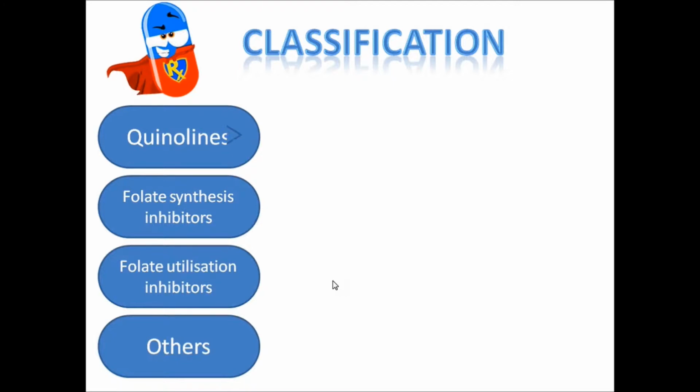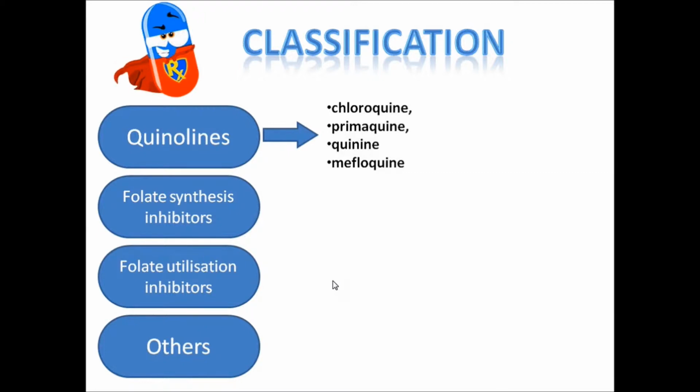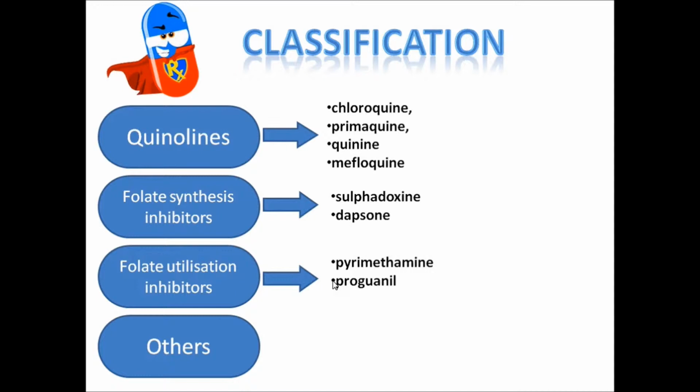Examples of drugs under the quinoline group are chloroquine, primaquine, quinine, and mefloquine. Under folate synthesis inhibitors, there are sulfadoxine and dapsone, while under folate utilization inhibitors, there are pyrimethamine and proguanil. Other drugs include halofantrine, atovaquone, and artemisinin.